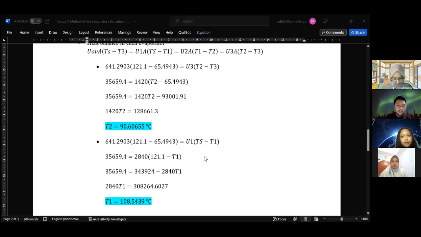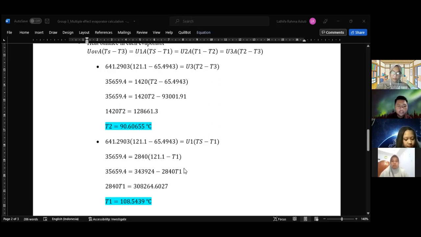As already mentioned in the problem, the area has the same value, so we just ignore it. So we get U overall times the steam temperature minus the third temperature equals U1 times the steam temperature minus the first evaporator temperature.